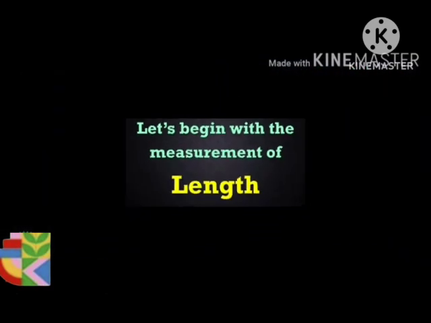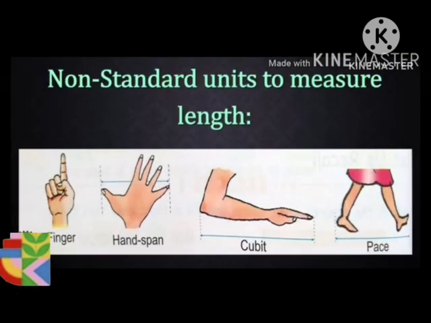Now children, I hope you know that sometimes we measure various things with our finger, with our hand span, with our cubit, with our pace, as shown in the given figure. Now children, these are the non-standard units of measurement.